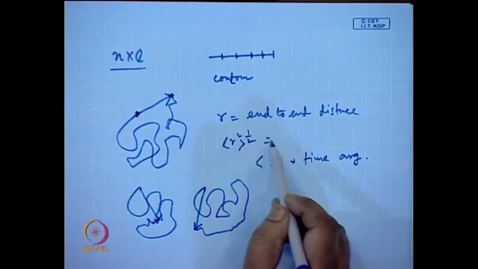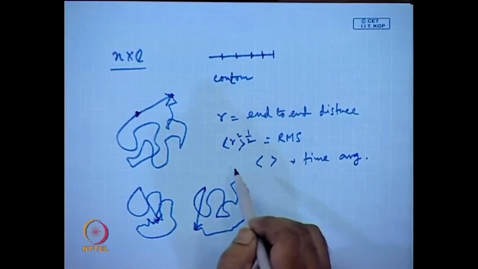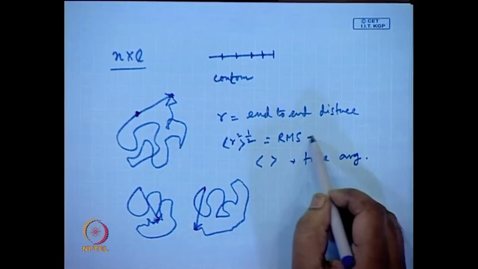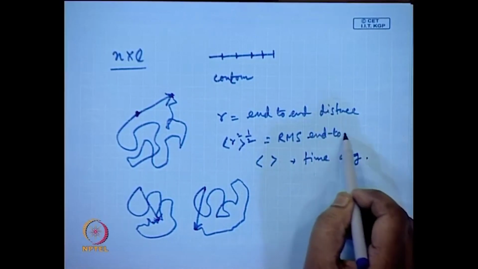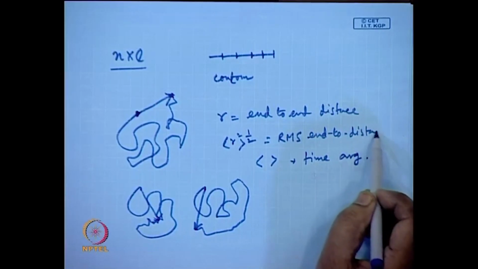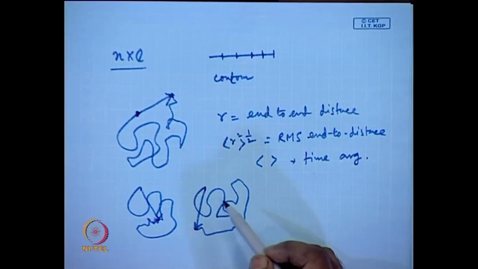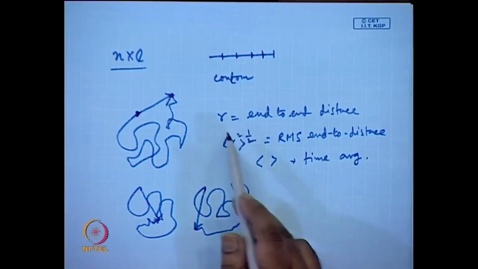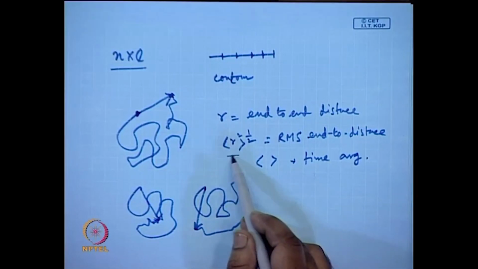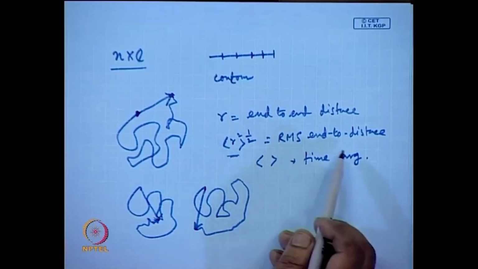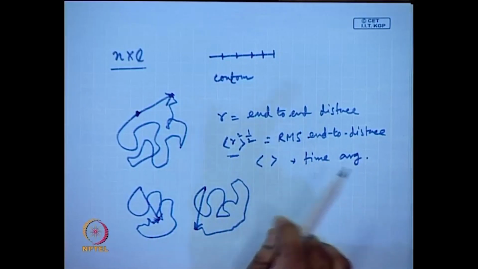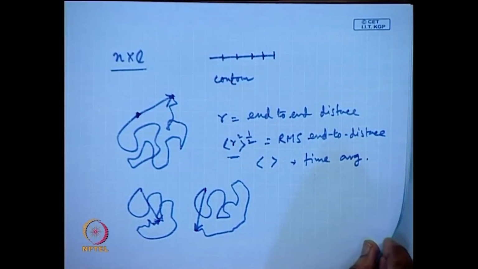So, that is the root mean square end to end distance. Because the polymer is always changing its conformation, you cannot write a fixed R, you have to write a statistical parameter, which is given by the root mean square end to end distance.